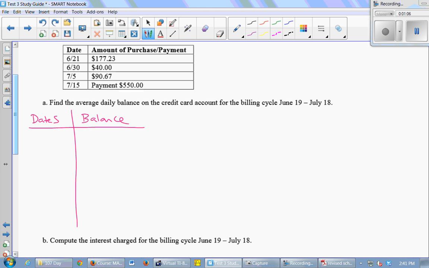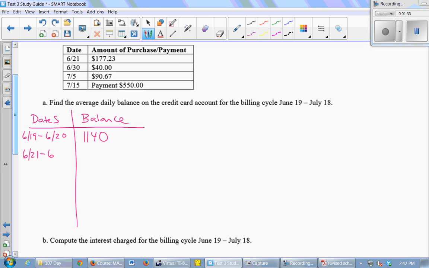So this billing cycle started on June 19th, so 6/19 until 6/20, right? Because on the 21st she made another purchase. So 6/19 and 6/20, her balance was just the $1,140 that she carried over from the previous month. And then on the 21st, she added to that balance and she carried a larger balance until the 30th, right?